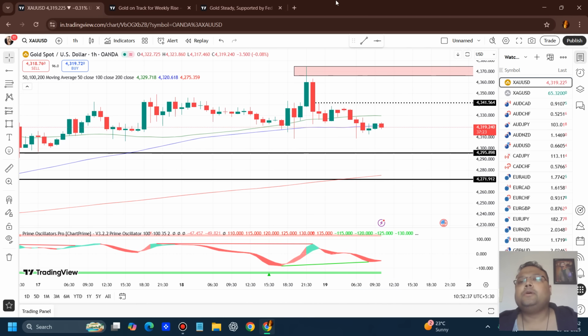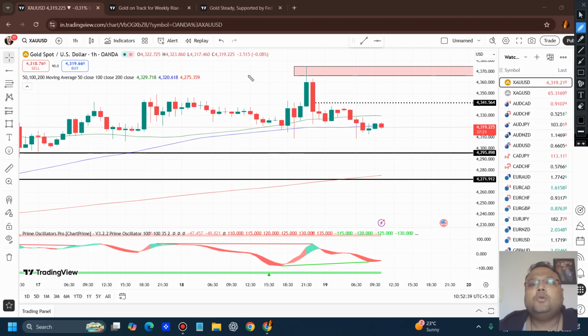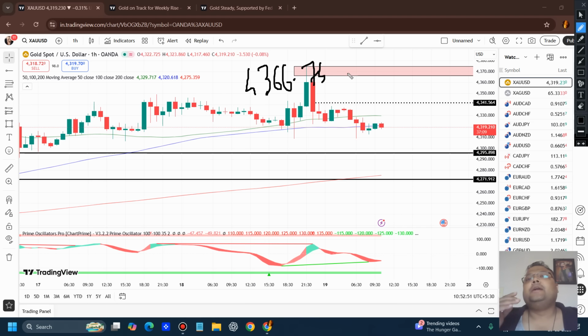Now at the top, we have a selling opportunity on 4366 to 74. The red box that you see here, yeah, we can look for a sell position because to break any level, market requires volume. So to break this particular level here, market needs volume. And in a low volume market, we can expect the market will be reversing.